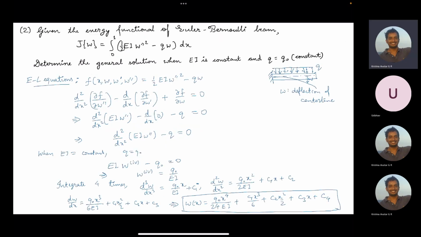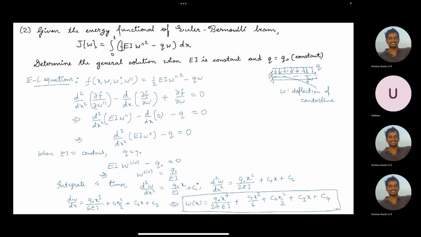Okay, now let me present to you some real life problems, or problems in engineering. The first problem is a problem in structural mechanics. I'm sure you must be aware, if you have a background in mechanics, that the most widely used model to study beams is the Euler-Bernoulli beam.